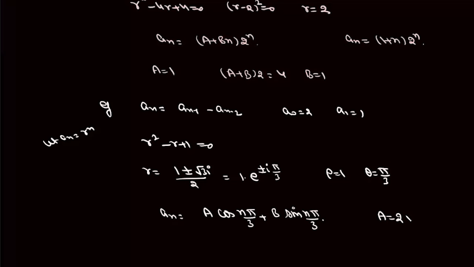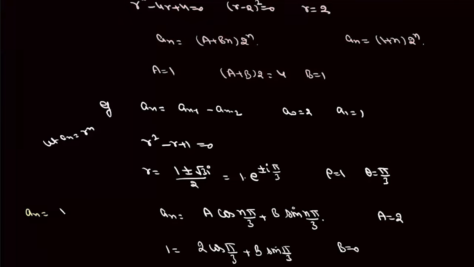And if we put n as 1, it'll be 1 equals 2 cos(pi by 3) plus b sin(pi by 3). Now cos(pi by 3) is 1 by 2. So we'll get b as 0. So the answer to this recurrence is its nth term will be given by 2 cos(n pi by 3).